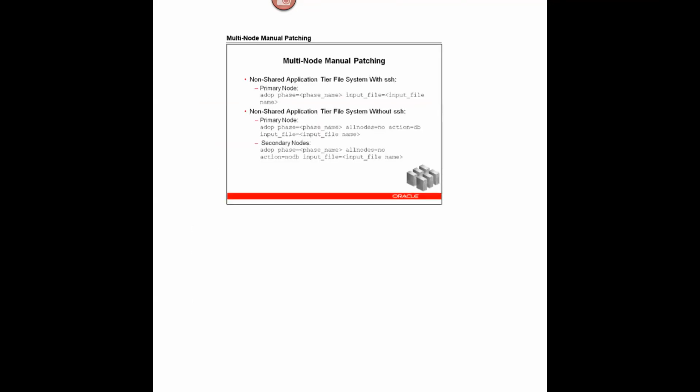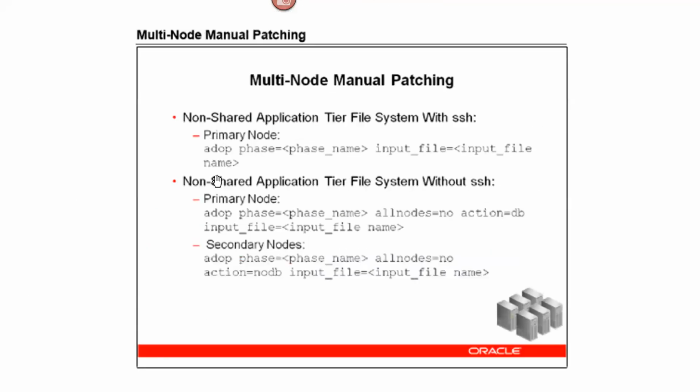Right. So this is like non-shared. Non-shared means like in each of the nodes, the code is there, like FS1, FS2, FSNE, FS1, FS2. Physically, it is present. So in a non-shared file system with SSH, with SSH means the same commands. Without SSH means there is no change.